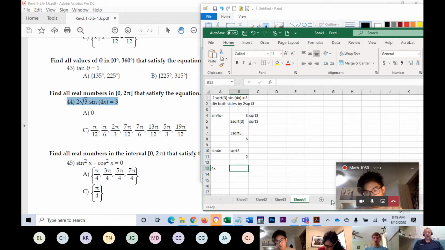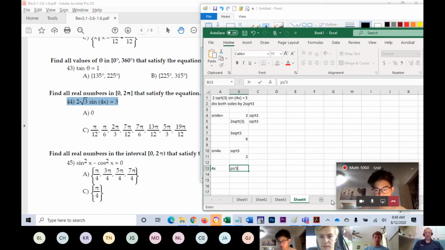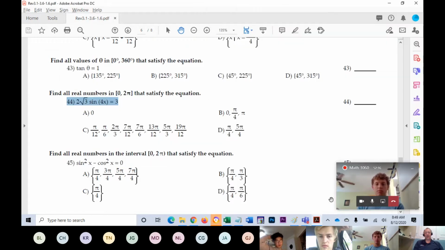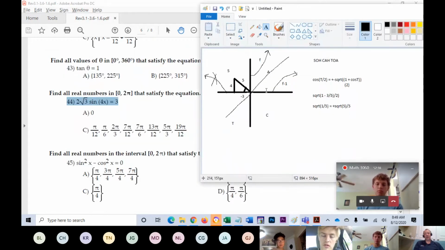Now, where is the square root of 3 over 2? 60 degrees, and that's the same thing as pi thirds, right? Okay. So now let's think about this again. 2 pi thirds, right? Yeah, I was just going to draw my picture. So I've got pi thirds is positive in quadrant 1 and 2, right?